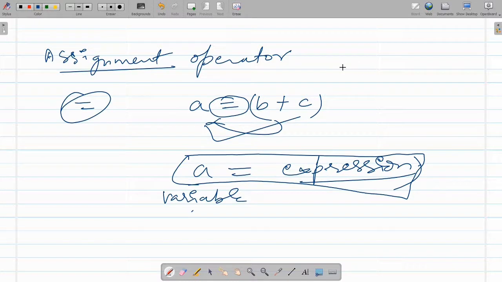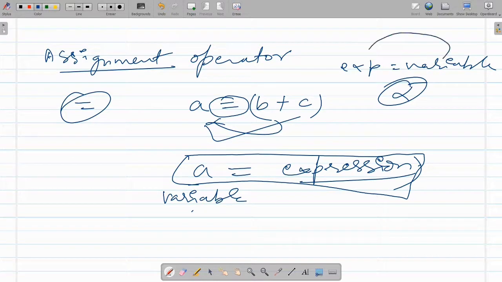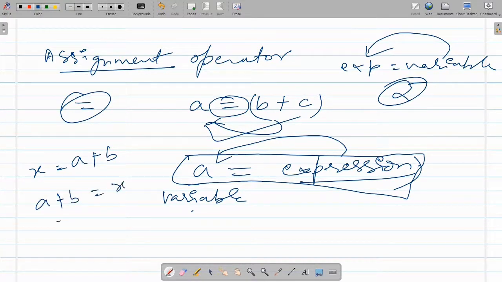We can't write expression equals variable. This is wrong. We can't assign a variable value into an expression, but we can assign the value of an expression into a variable. So we can write x equals a plus b, but we can't write a plus b equals x.